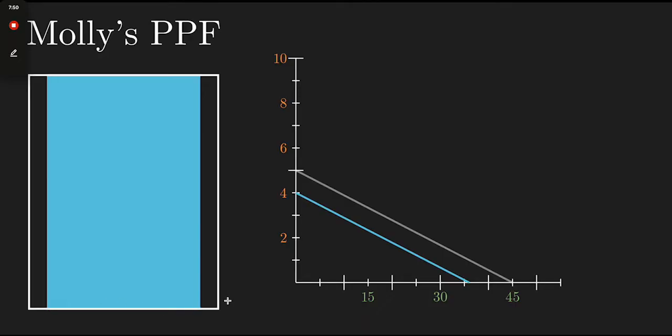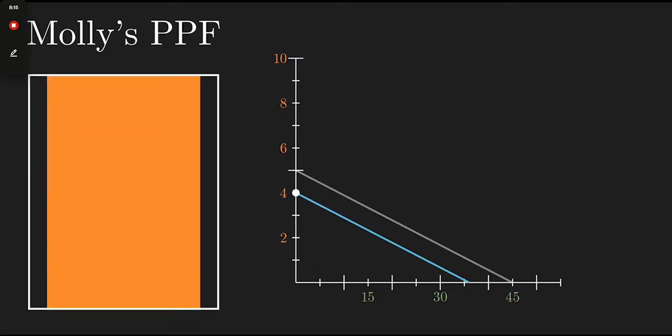So we've shrunk the amount of effective space she has, and that's shifted in the PPF on both the vertical axis and the horizontal axis. This means she can't produce as much as she could before. So we're going to think about what this means for her attainable points.